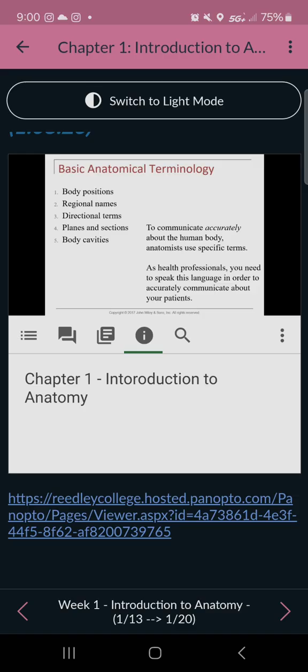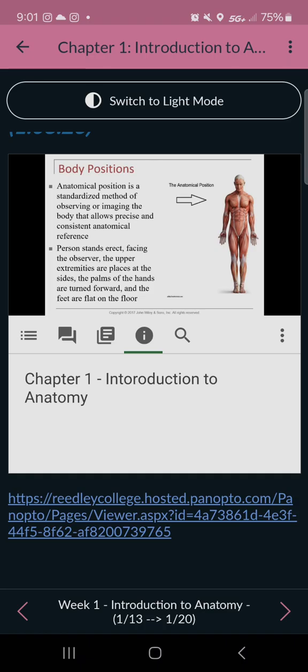To communicate accurately about the human body, anatomists use specific terms. As health professionals, we need to speak this language in order to accurately communicate about our patients. Those basic anatomical terminologies are body positions, regional names, directional terms, planes and sections, and body cavities.